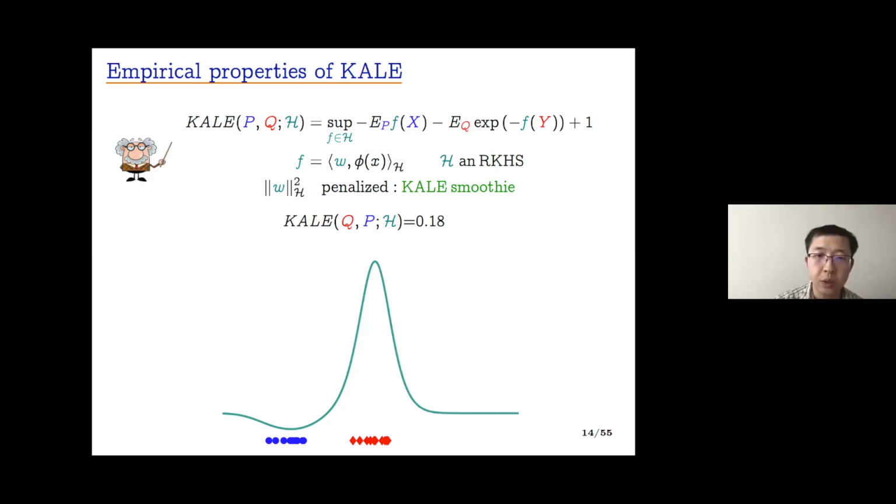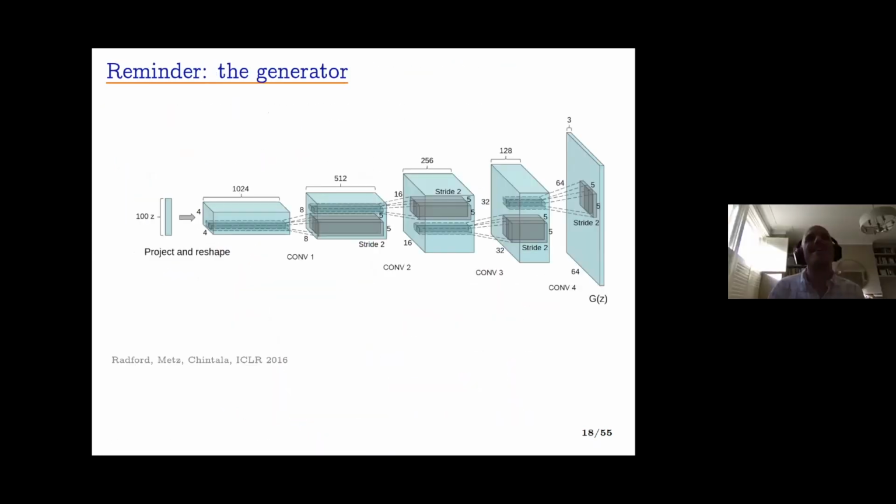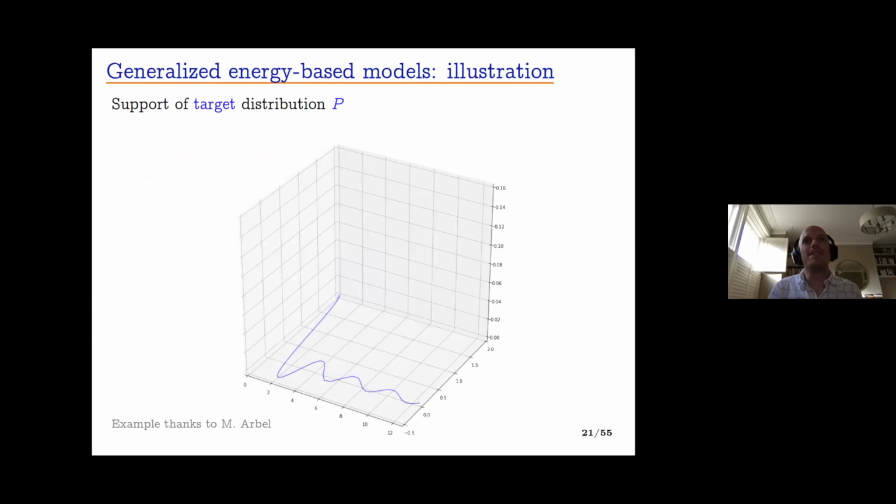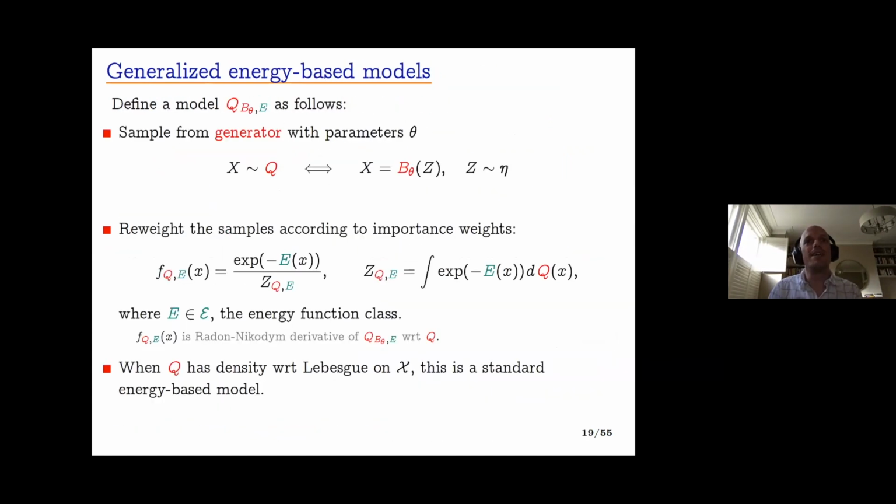So I thought there was a Radon-Nikodym derivative somewhere still in the objective. Was I mistaken? Yeah, let me go back here. Yes, that's correct. Let me find where that is. Exactly, it's the derivative of the target Q sub E with respect to Q. So this is with respect to this Q, which has support on a low-dimensional submanifold in the ambient space.